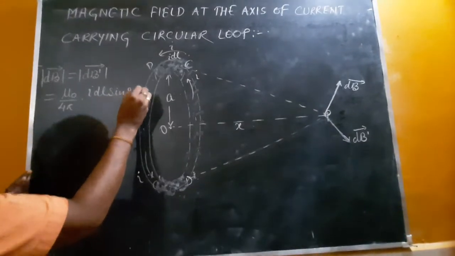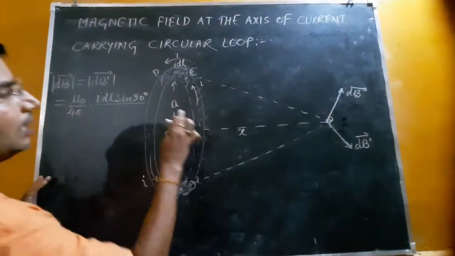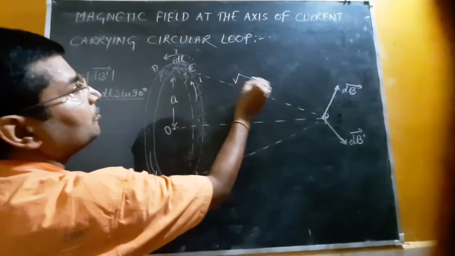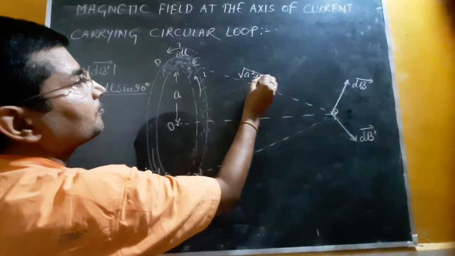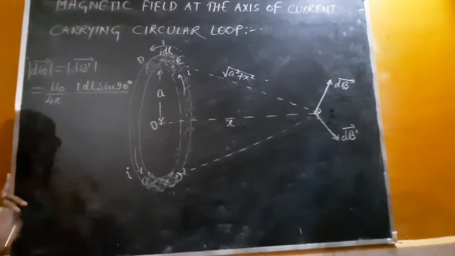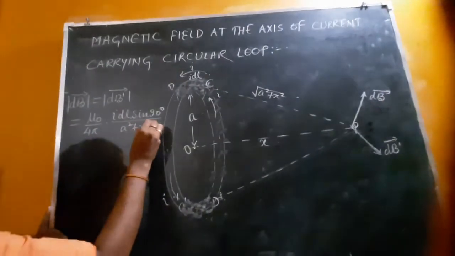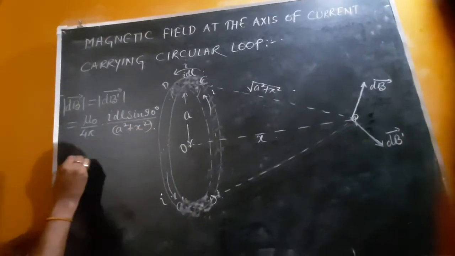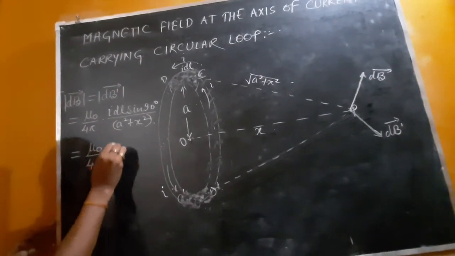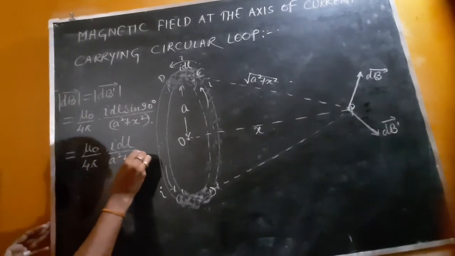So here it will be sine 90 upon this distance squared. This is a, this one is x. Using Pythagoras theorem, this will be under root a square plus x square. So upon r square means a square plus x square. This will be mu naught upon 4 pi, IDL upon a square plus x square.